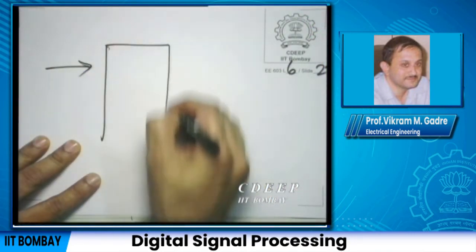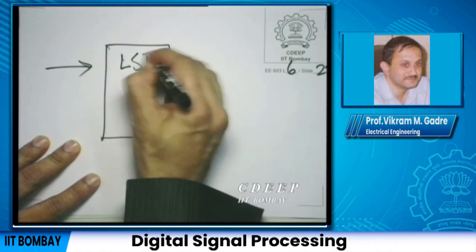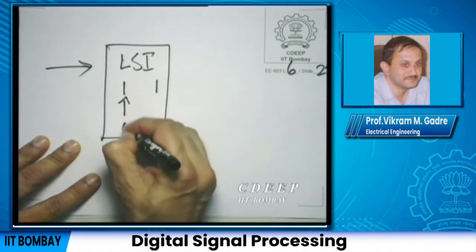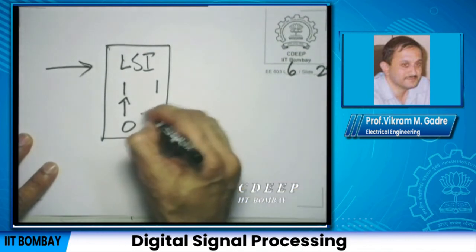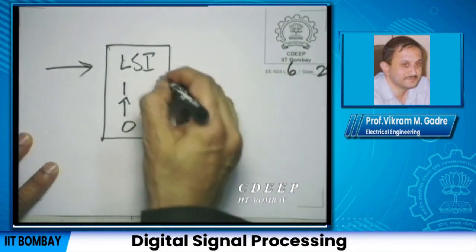So essentially what we are saying is that this h of n, or h of n minus k more precisely, has 1 at the point n and 1 at the point n minus 1, and therefore if a system had the impulse response given by this h of n, if an LSI system had this h of n as its impulse response, remember this tells me everything about the LSI system.